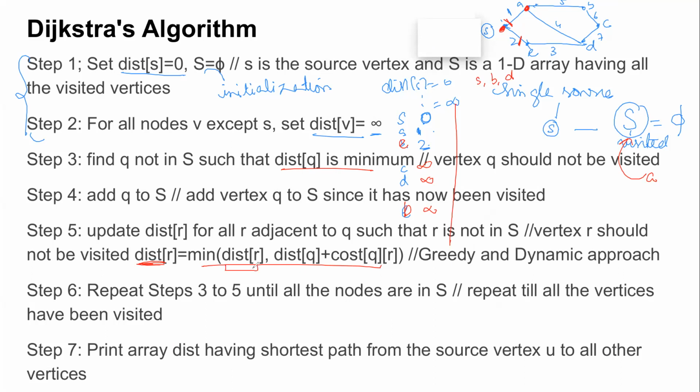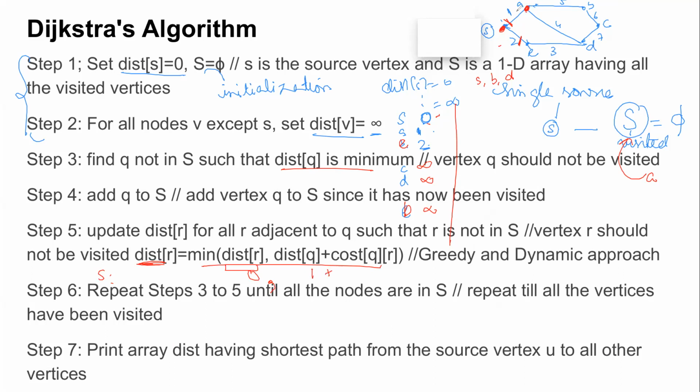Now let's look at S itself first. What is the existing distance to S? What is the distance of S from S? It's 0. Now what is the distance to A? It's 1.